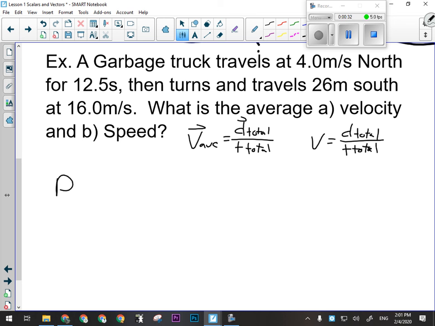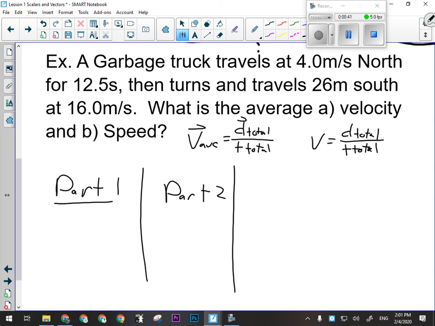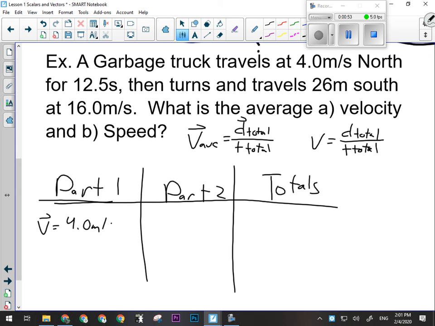So what we have to do is figure out all of that information. I'm going to need to know how far it goes in part 1 and part 2, as well as what my totals are. In part 1, we're told that the garbage truck moves at a velocity of 4.0 meters per second in a north direction, and it does that for 12.5 seconds.